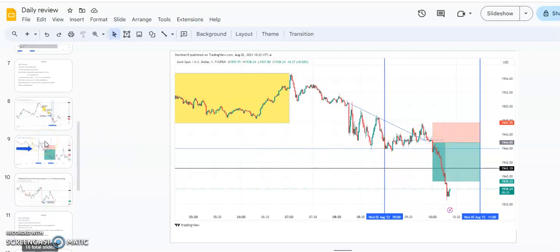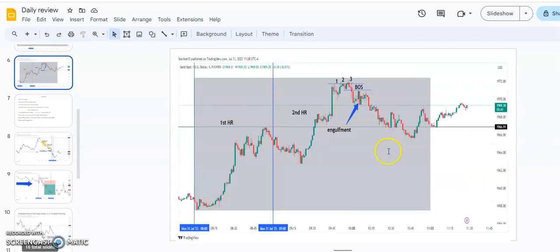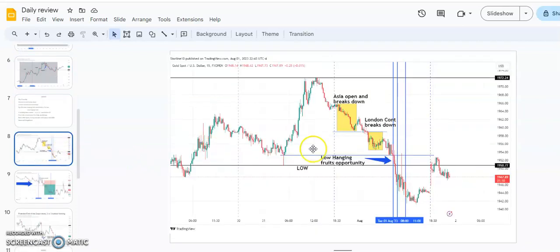And yesterday, the same setup occurred. Asia opens and breaks down. London continues breaking down. And then in the first hour, we have this low-hanging fruit opportunity because we still have this space here.